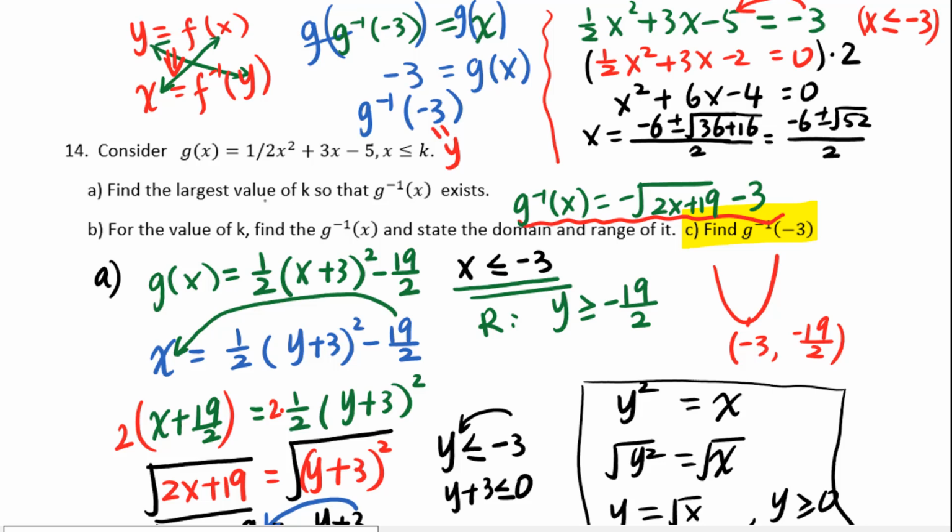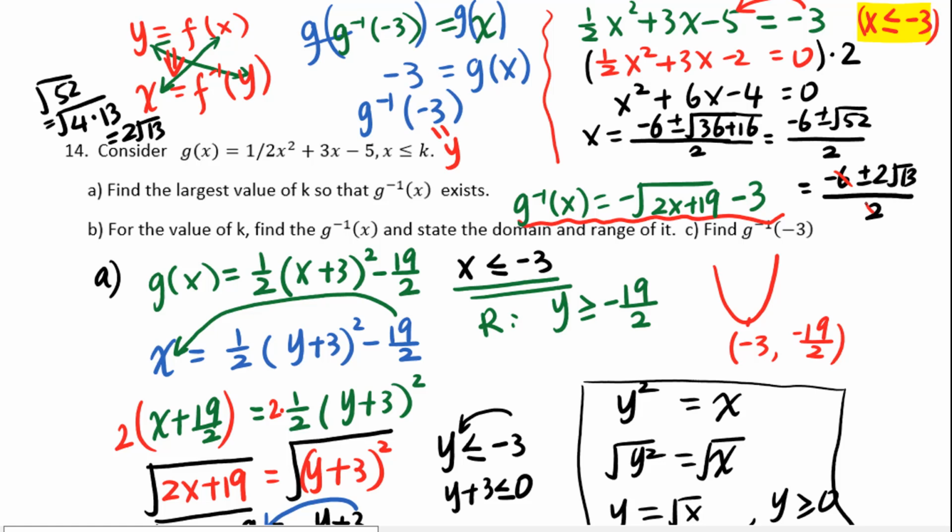For the square root of 52, we can divide it by 4: 4 times 13. So simplify to 2 square root of 13. We will get negative 6 plus or minus 2 square root of 13 over 2. Then divided by 2, you will get negative 3 plus or minus square root of 13.